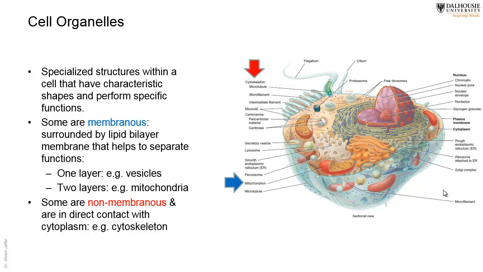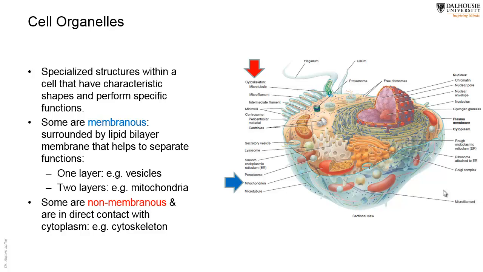Not all of them, but most of them are membranous, because each one of them has a certain function, so that there will be compartmentalization of functions inside the cell. The ones that have a membrane could have a single membrane, and this membrane has the same structure as the cell membrane, which we studied last time.